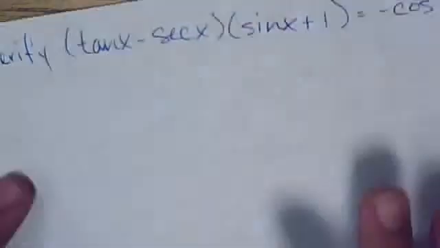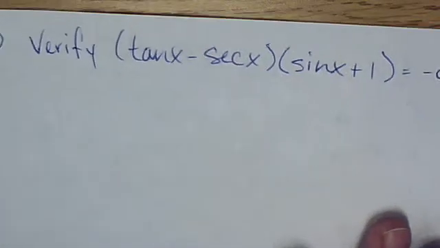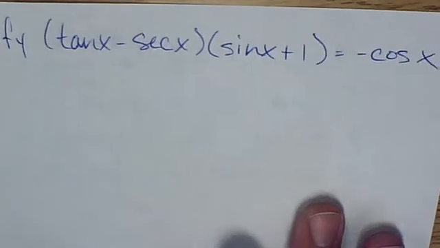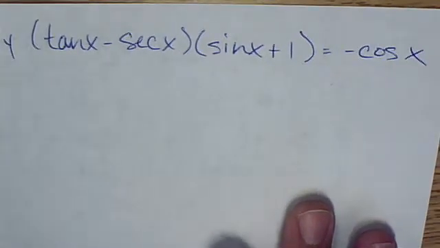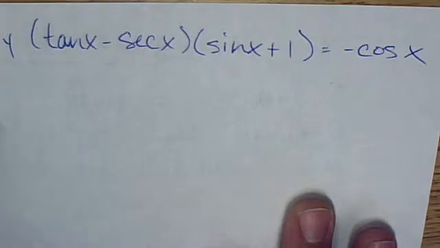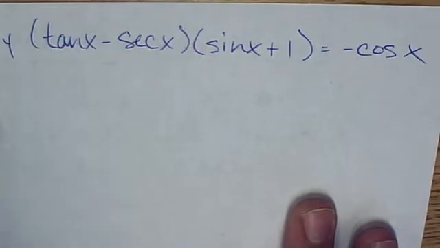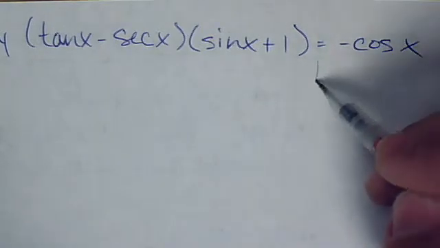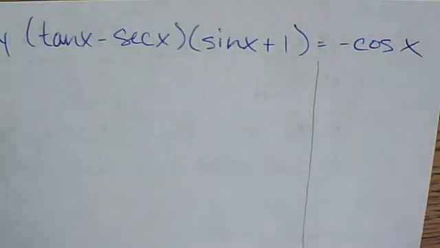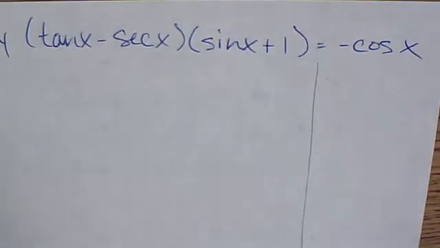Okay, I've got one more for you. Let's verify that tangent x minus secant x times sine x plus 1 equals negative cosine x. This might be another one where I don't even have to touch the right side there.